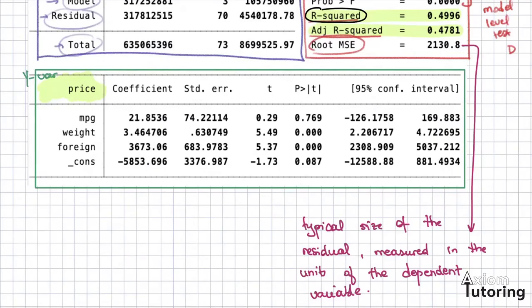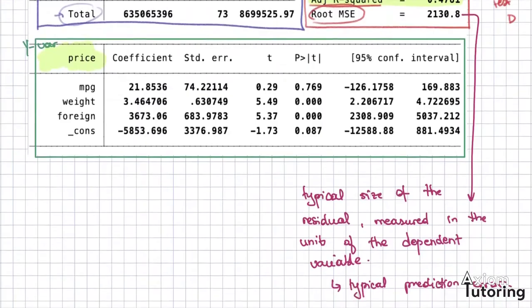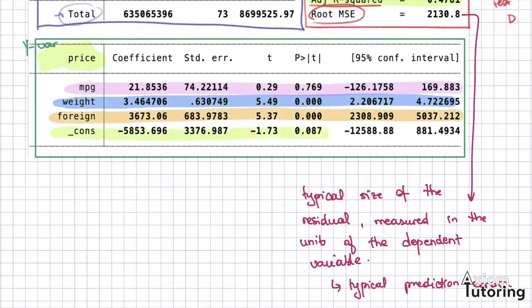And each line, remember, was a coefficient and its characteristics. So here, this is information on the miles variable. Here, information on the weight. And here, information on the foreign variable, whether the car is foreign or domestically produced. And lastly, the last bit of information, the constant that you see in here. This is your intercept.